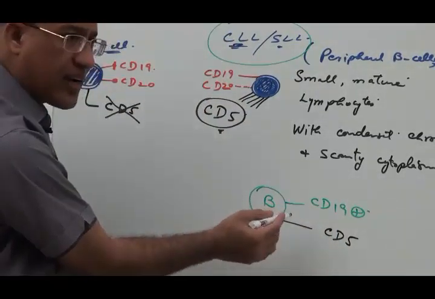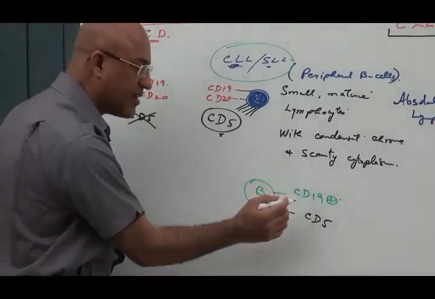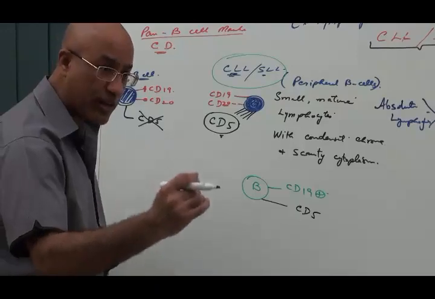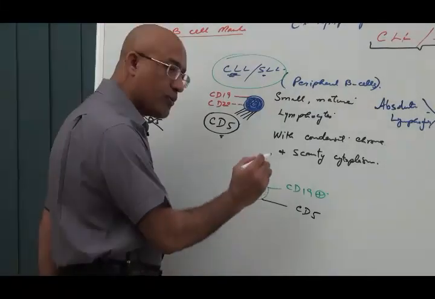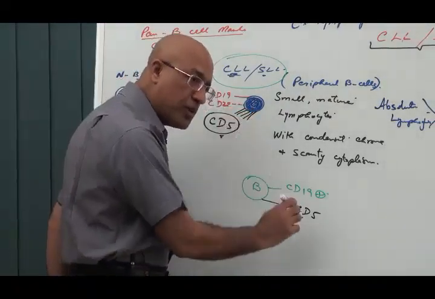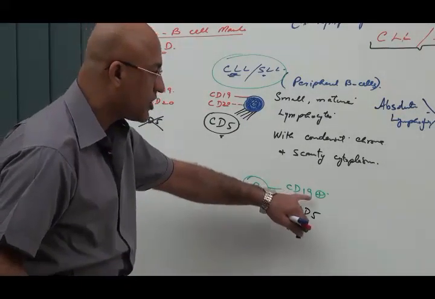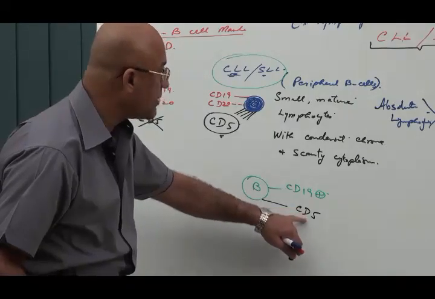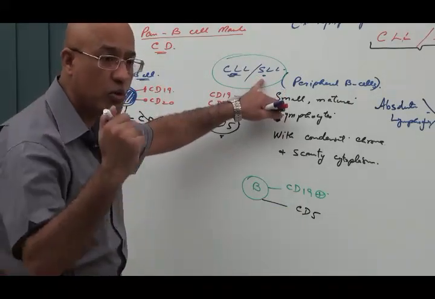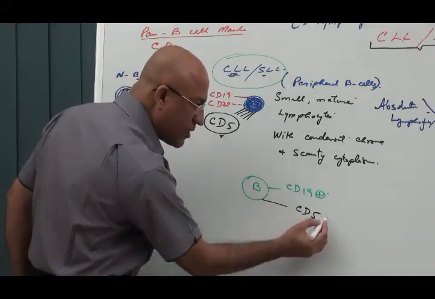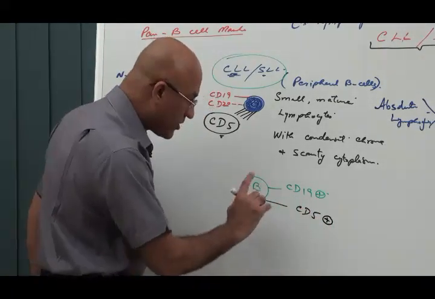CD20 may or may not be there. But the real classical thing is that by immunophenotyping, we must be able to demonstrate the presence of CD19 and CD5 on these leukemic cells to make the diagnosis. CD19 and CD5 positive. This is one thing.